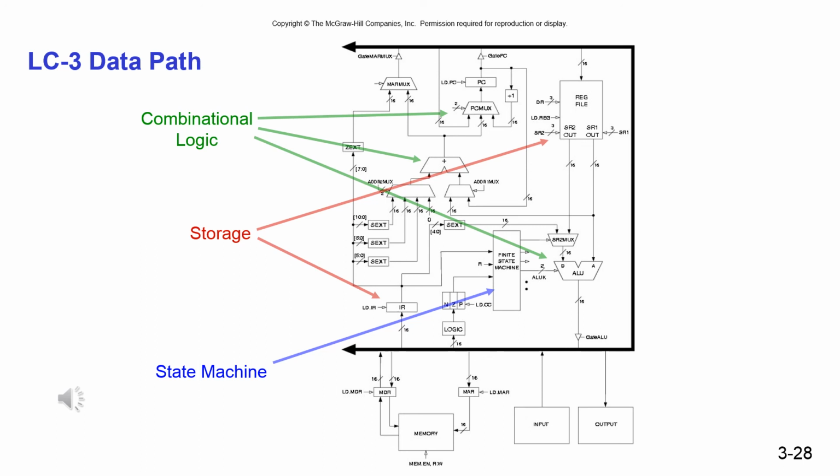And although finite sounds easily quantifiable, it's a pretty significant number of states that a computer can be in. It's not something that we could really represent completely, easily in a state diagram.